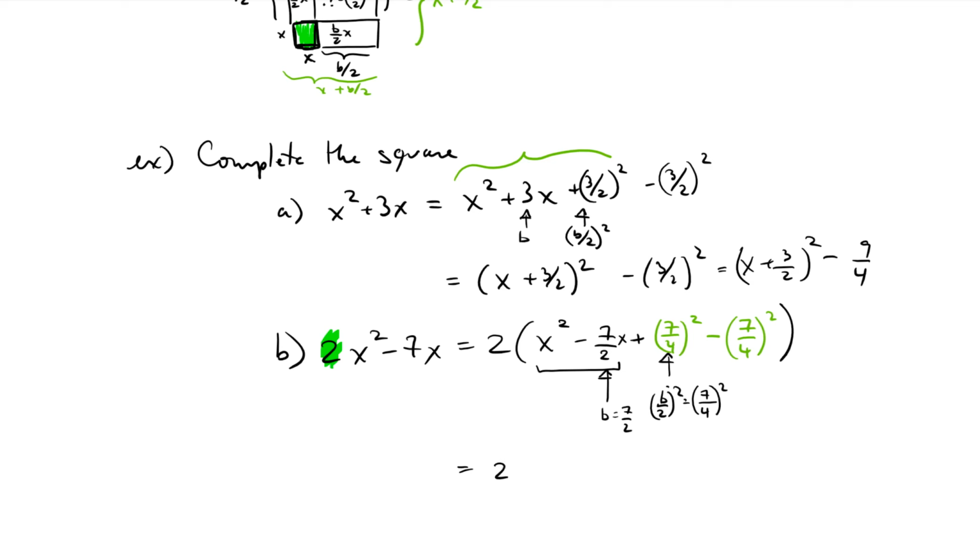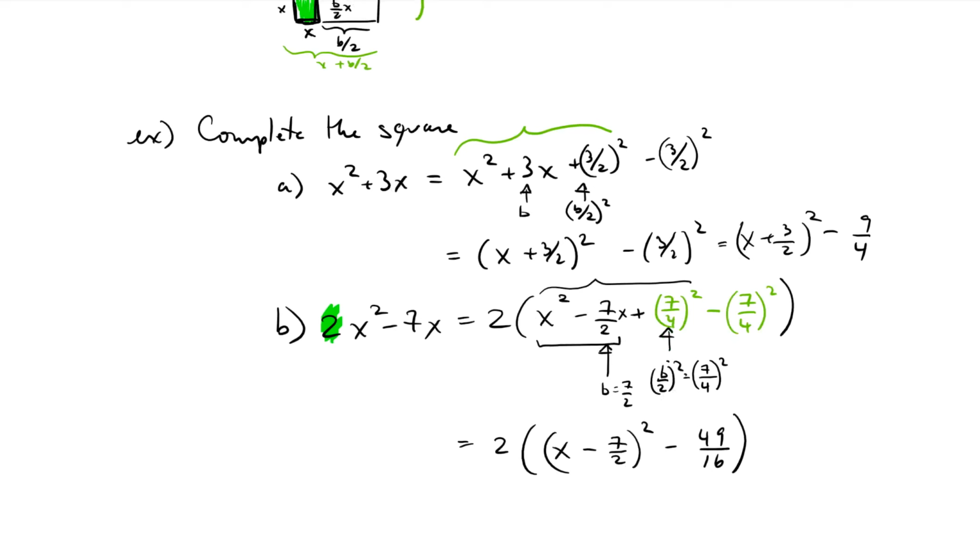The first 3 terms form a perfect square. So this is x minus 7/4 squared. Minus because I had a minus here, right? So watch out for that. We're subtracting 49 over 16.